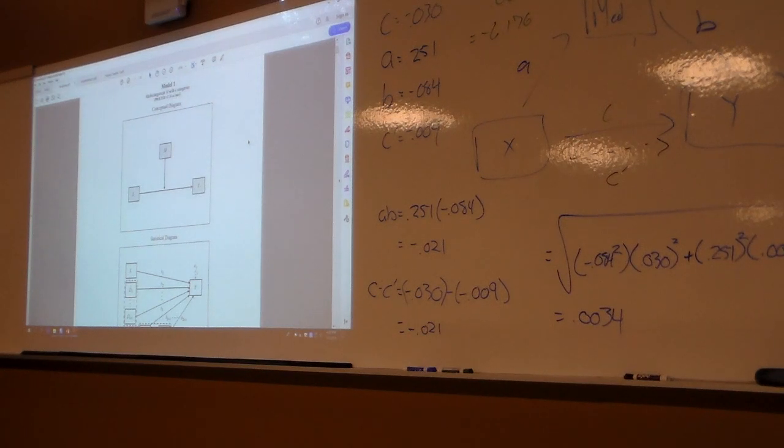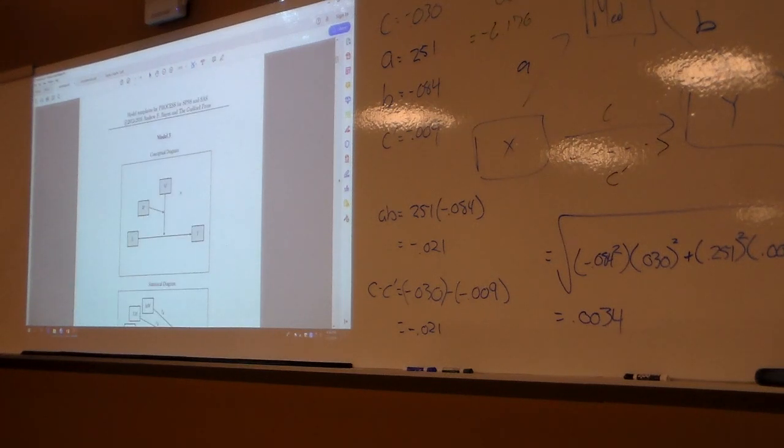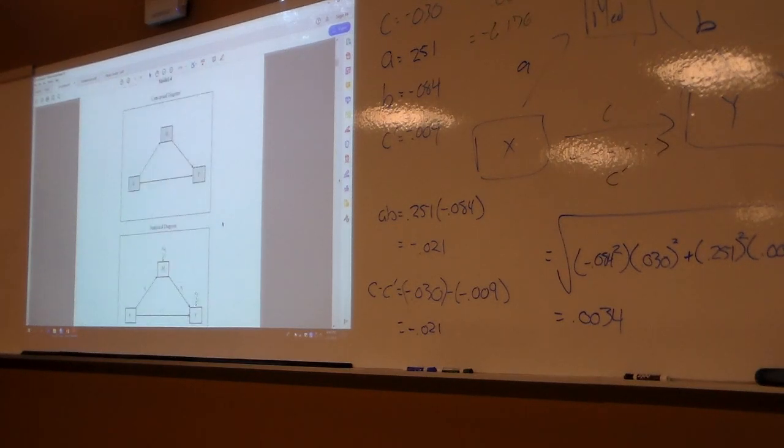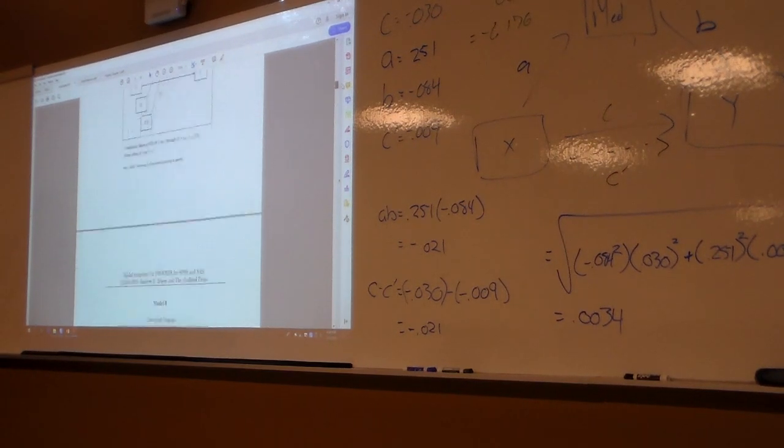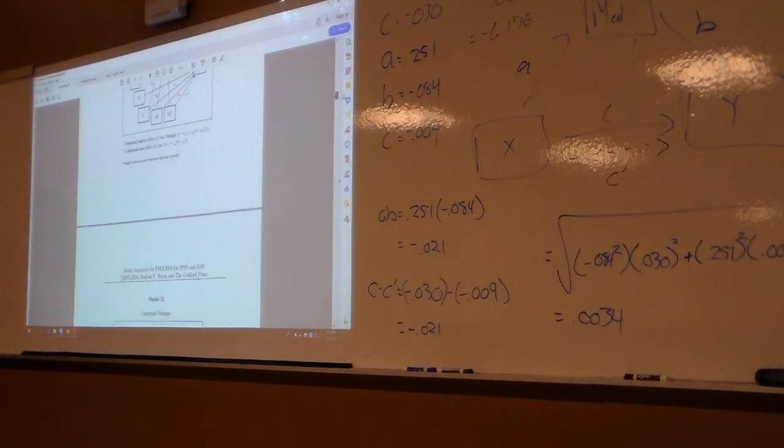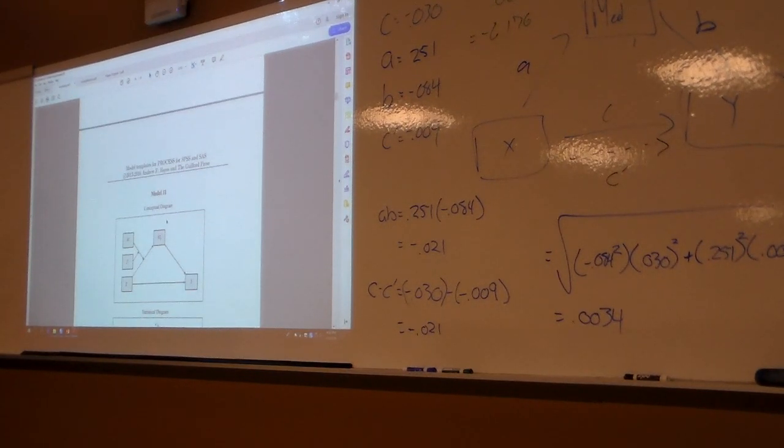You can run moderation in PROCESS as well, right? So we've got a two-way or three-way interaction of M and W and X on Y. Here's our mediation model, this is our simple mediation model that we're running. And if we go down through, there are all sorts of complicated models. And it's nice, if you say, oh, I want to run model 11, these are my variables, you just plug it all in there, okay?